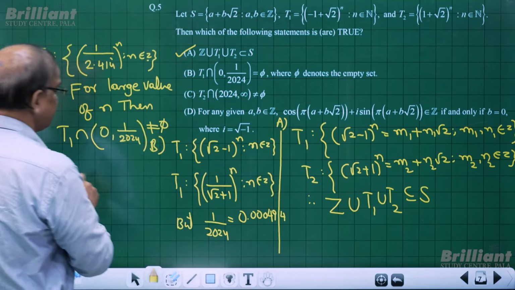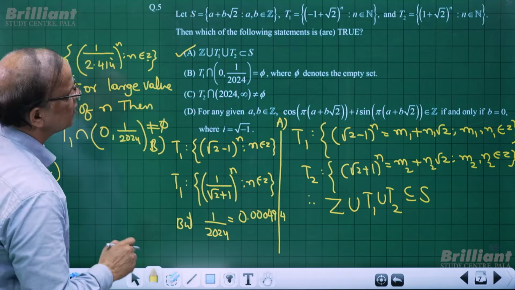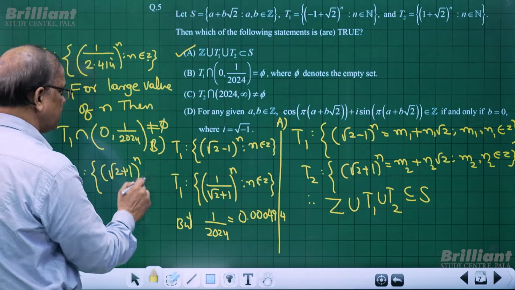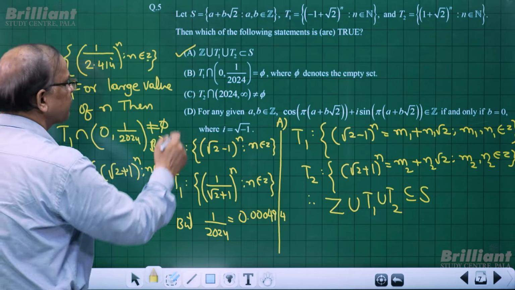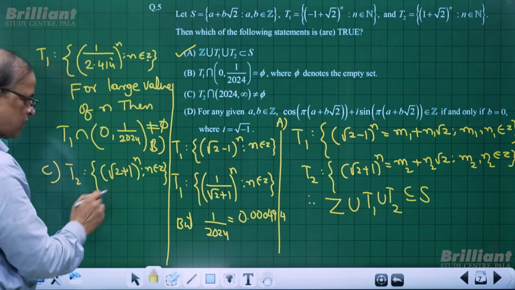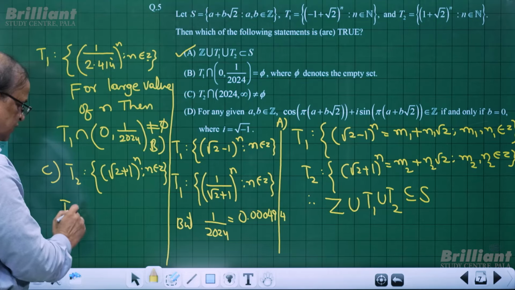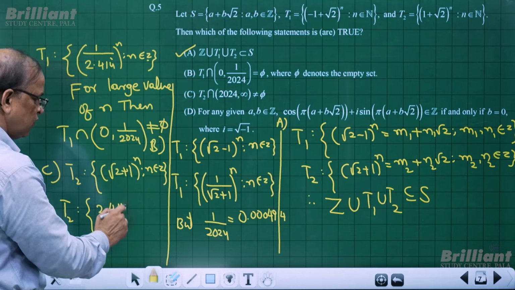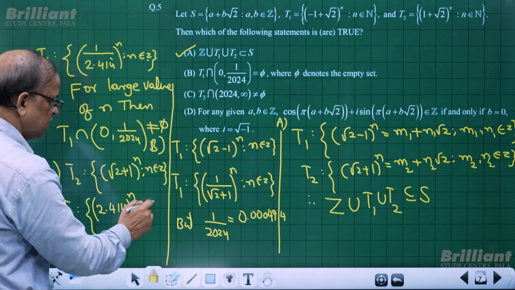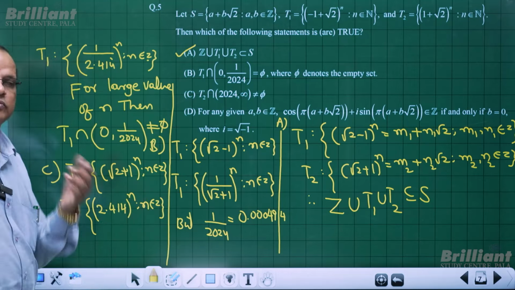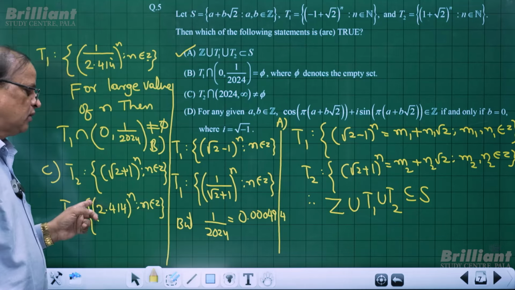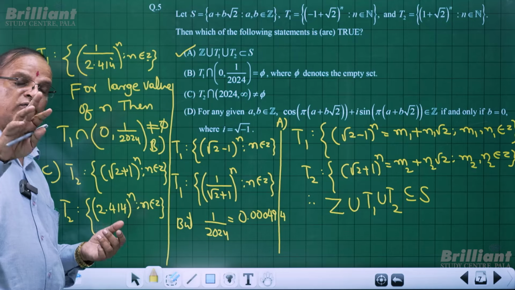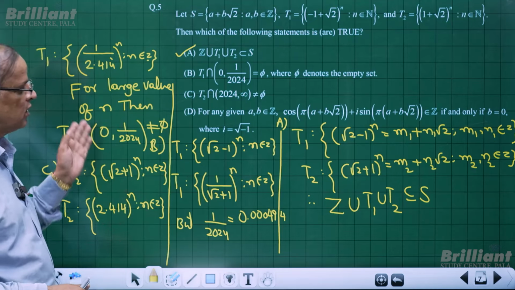Same way for C also, that is T2, so (√2 + 1)^n, n belongs to Z. Here also, suppose the value of √2 is 1.4, so we take 2.414^n, n belongs to Z. If n is large, say 10 gives 1024, and if you take n as 20, it is more than 2024.